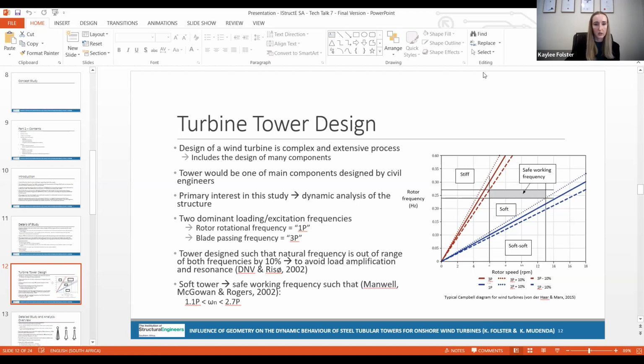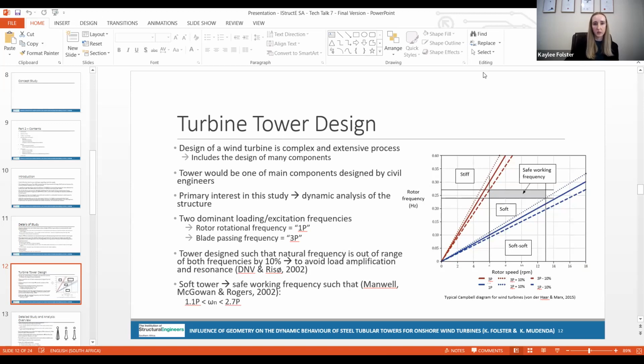So, just to recap, I know we all did dynamic analysis theory, but for many of us, that was a long time ago. Any structure has a natural frequency, and that natural frequency is essentially a function of the mass of the structure and the stiffness of the structure. Once that structure goes into operation or is exposed to environmental factors, it would then be subjected to what we refer to as loading frequencies or excitation frequencies.